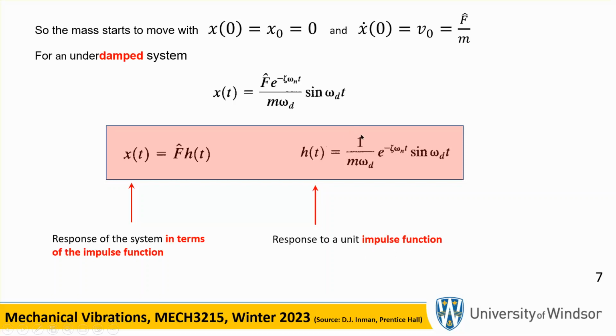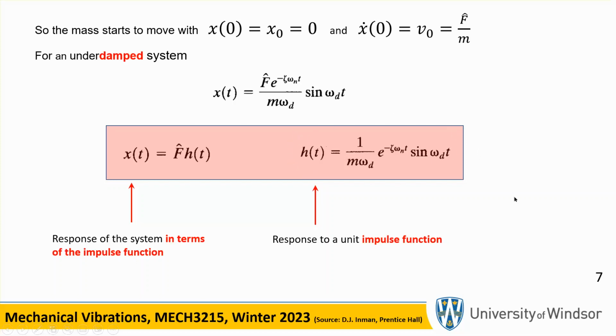But because there is a 1 here, it's a response due to a unit impulse function. In other words, when you apply that delta t, the area under it is 1. So if you apply that delta t, the right-hand side of the equation is your delta t, then this is the solution, okay?